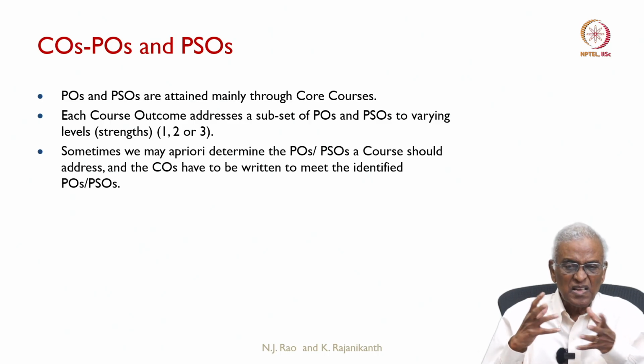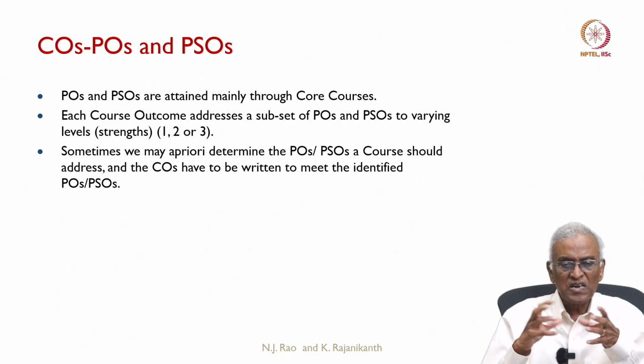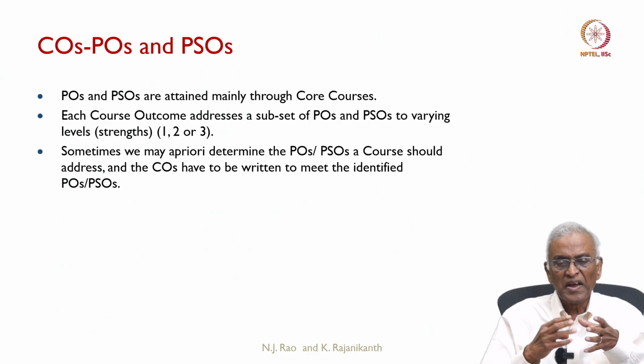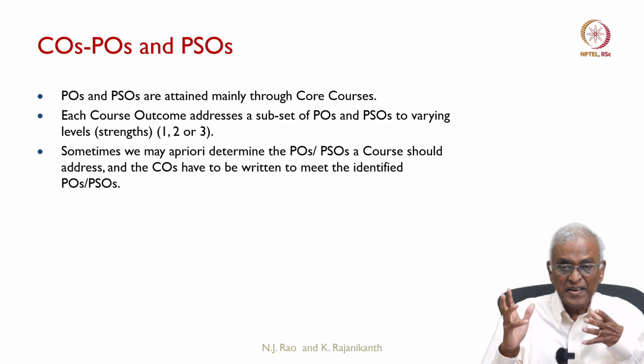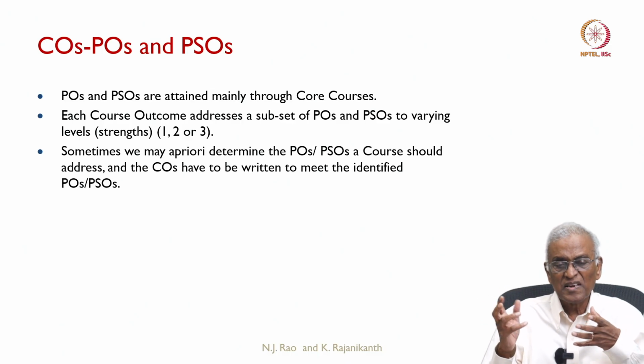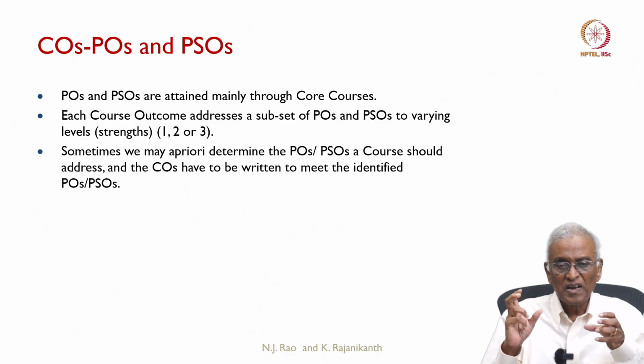Because we cannot calculate that precisely, we quantize it by identifying 3 levels: 1, 2, 3. If I am addressing something very strongly, then I will call it 3. At medium level, I will call it 2. A little less, 1. And if it doesn't, then 0.